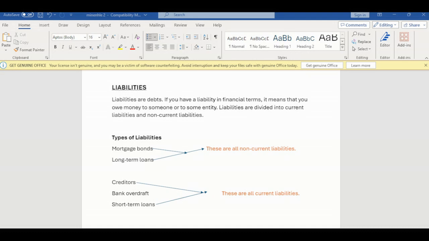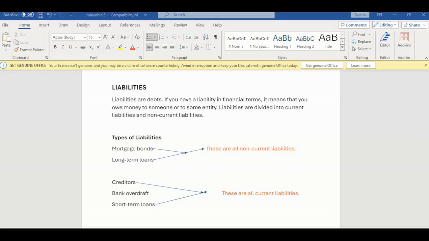People who provide goods or services to our business on credit, we call them creditors. Moving on to bank overdraft. Bank overdraft is where the enterprise withdraws more money from its current bank account than what it had in the account.